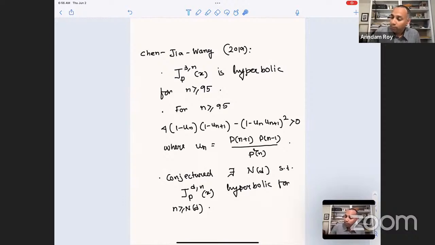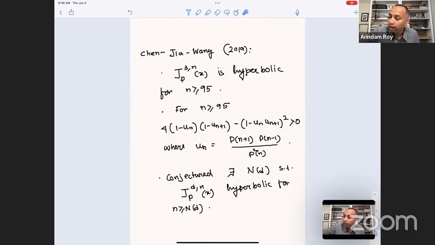More particularly, if you take u_n to be the sequence p(n+1)p(n-1) over p(n) squared, then for all n bigger than 95, this inequality holds. This is precisely the discriminant for a degree 3 polynomial, and if this discriminant is positive, then all the roots of the degree 3 polynomial are real.